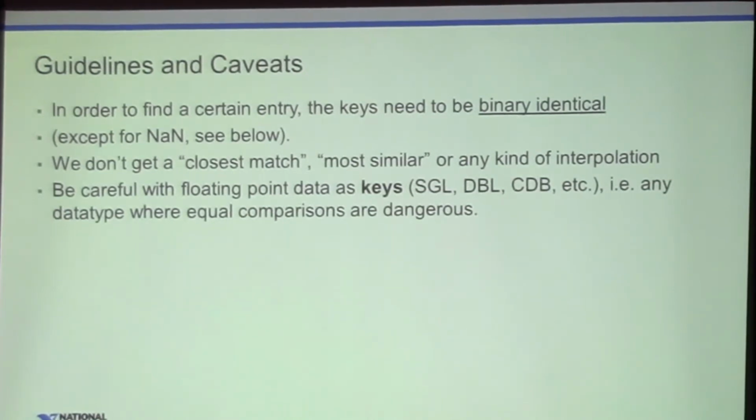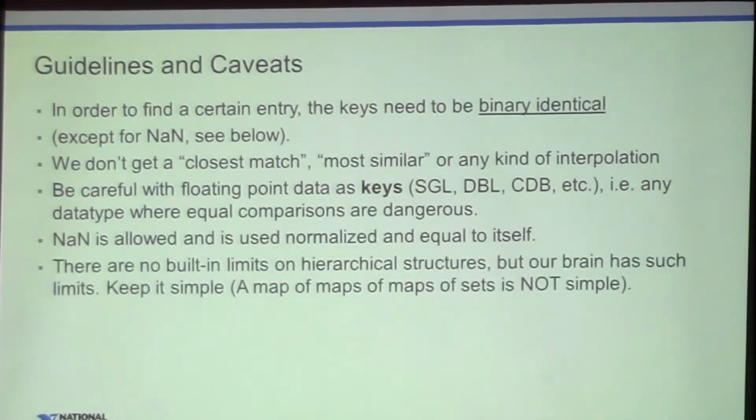So you have to be really careful with floating point data type keys. If it's single, double, complex, sometimes they look exactly numerically identical, but there is a wiggle in the last bit, and you will never notice, but it will not find it in the map again. Of course, you can work around that by masking certain bits, but it's a lot of work. It's just important to be aware of it.